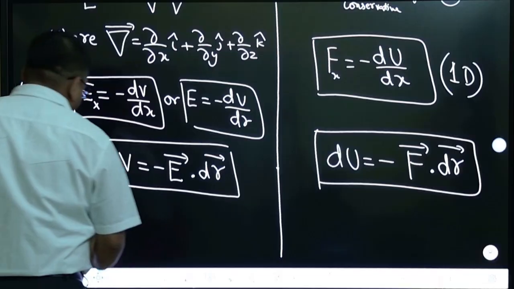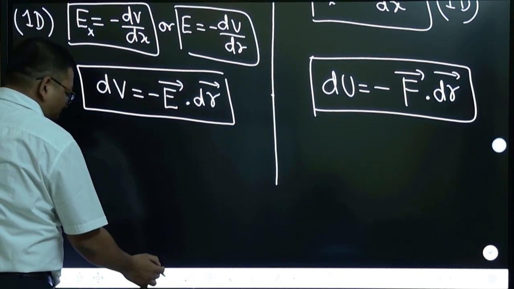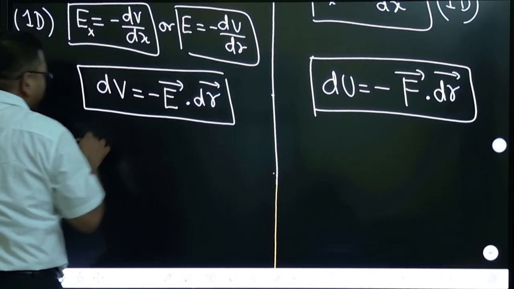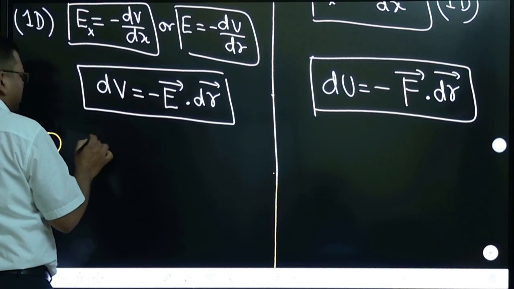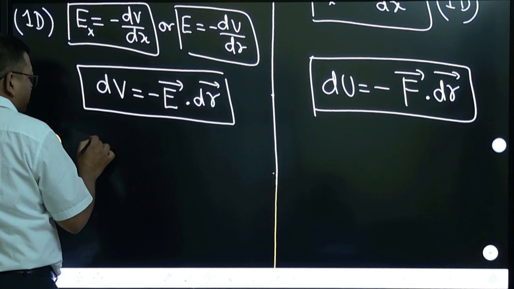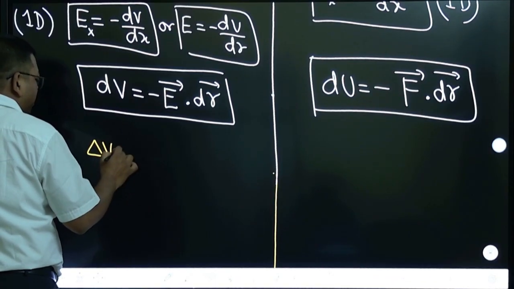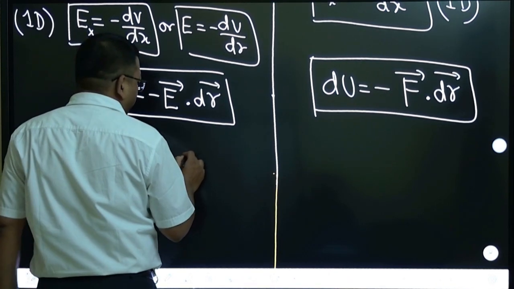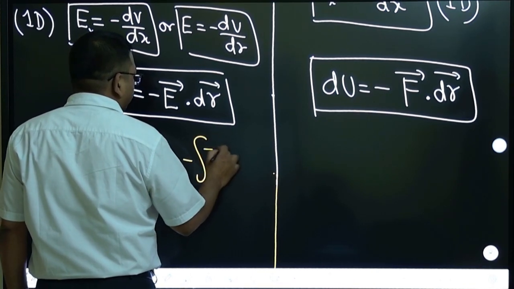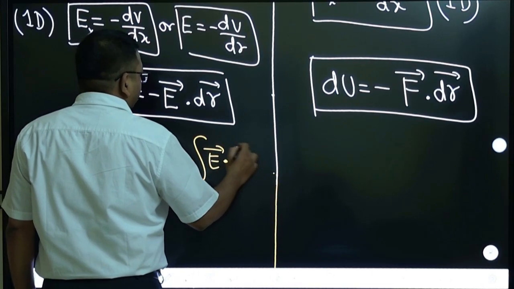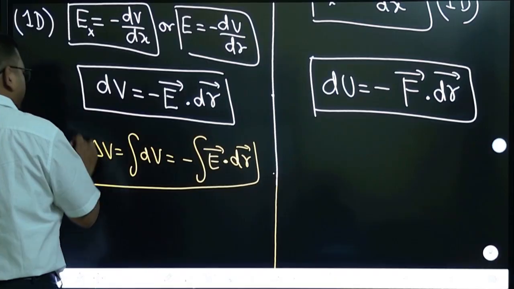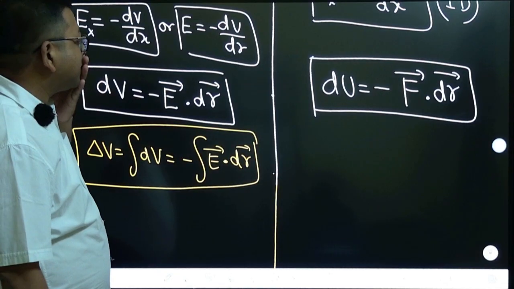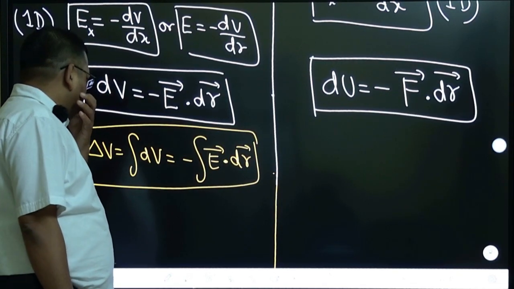Now based on this, there are some important results that we can note from this formula. If I integrate this, the integration of dV, which is called delta V, will give us minus integration of E dot dr. So in many questions you can find the change of potential by doing this.